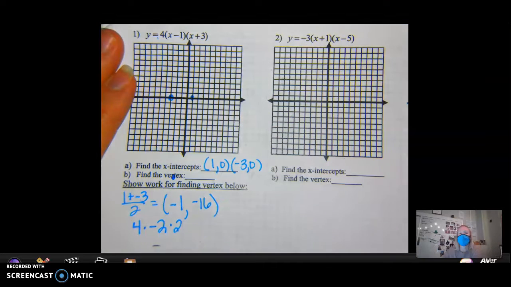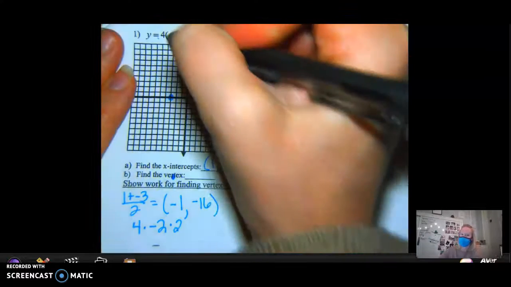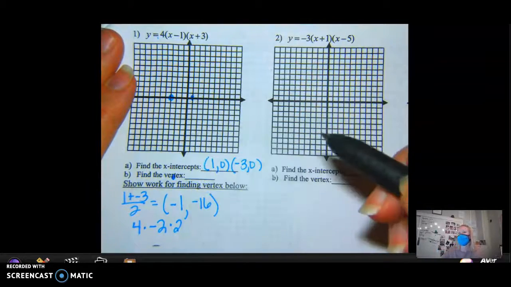Let's find one more point. What x value would be a good x value to find one more point with? We know our parabola is going to do something like this, right? Is there an x value that we haven't used yet?